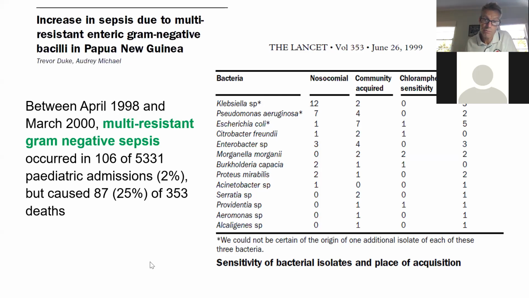And so that's why we have to be very vigilant about antibiotic resistance and good antibiotic prescribing. This is the same in all hospitals in all countries. A relatively small number of our patients will have antibiotic resistant infections, but they'll cause a higher proportion of deaths in newborns and in children.